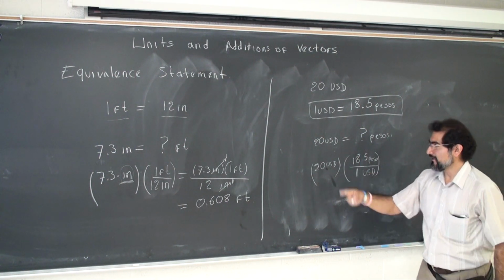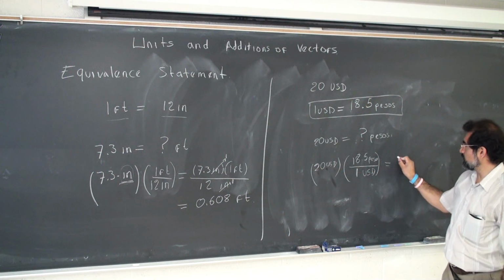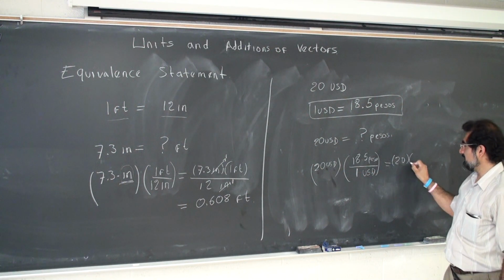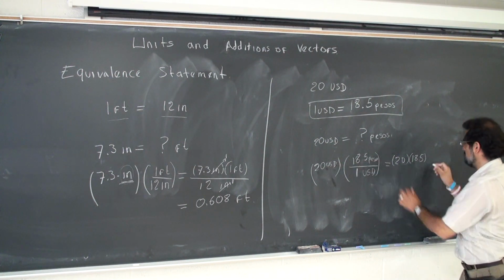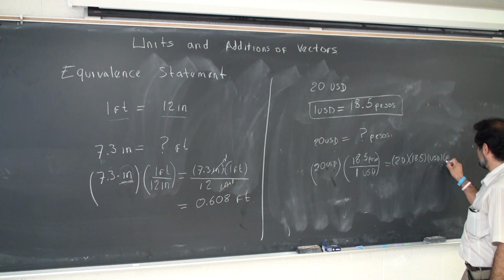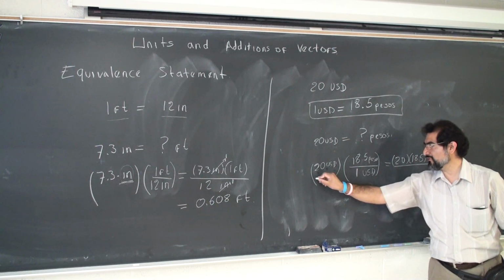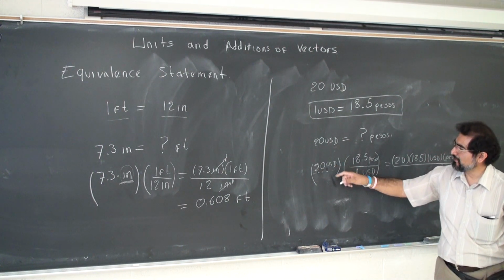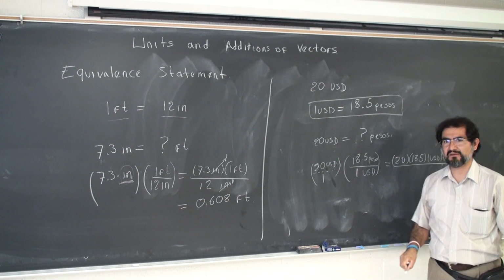Okay. I'm going to multiply 20 times 18.5. We can multiply the units with the units. Dollars times pesos. And in the denominator, if you want to use a symbol, whenever you have fractions, you can express any integer divided by 1.